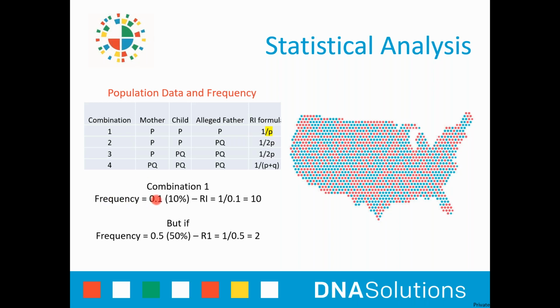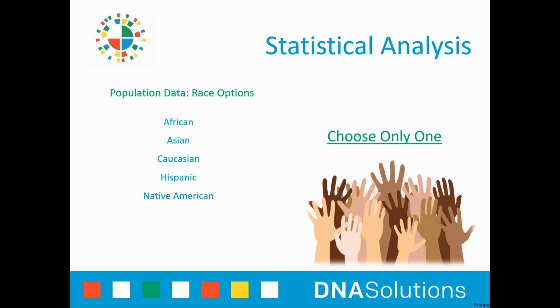So if the frequency of that marker in the population is 10%, 0.1, then the RI is 1 over 0.1, which is 10. But if the frequency of that marker is 50%, like it's a really common marker, half the people have it, then the RI is only 2. So that's a big difference. And so that's really important that we know how common a particular marker is in the population.